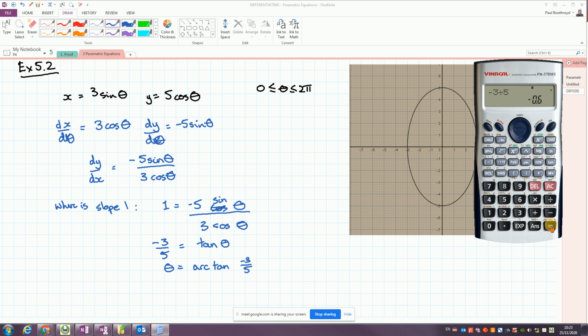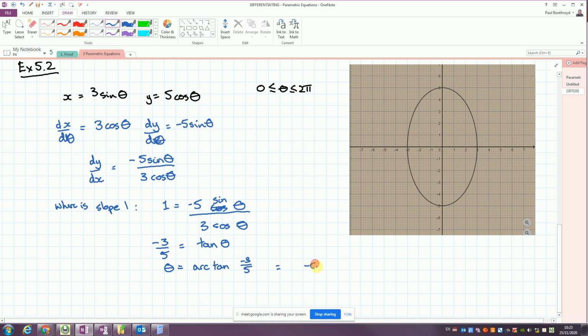So the first angle, theta, is minus 0.54. If we remember tangents, I've got a negative 0.54.